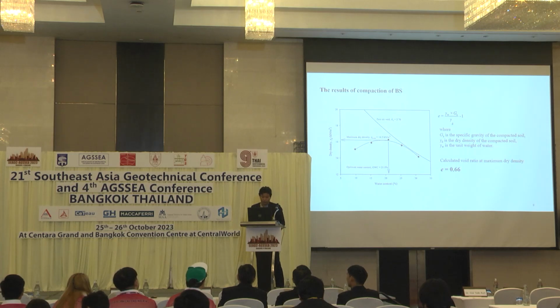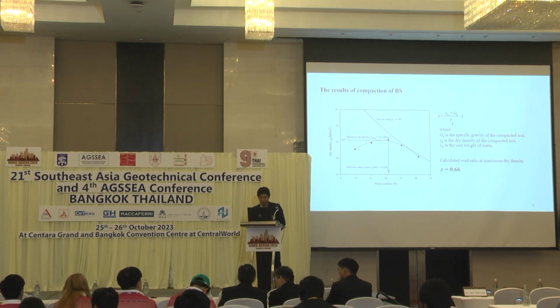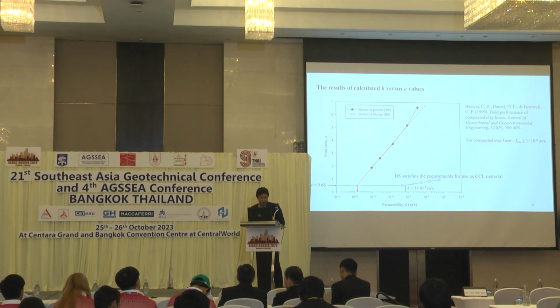By using this equation, we can obtain the e value of the BS, approximately 0.66. The reason is we want to know, if we prepare the sample with some e value, for example, e equal to 0.66, how much permeability we can get.